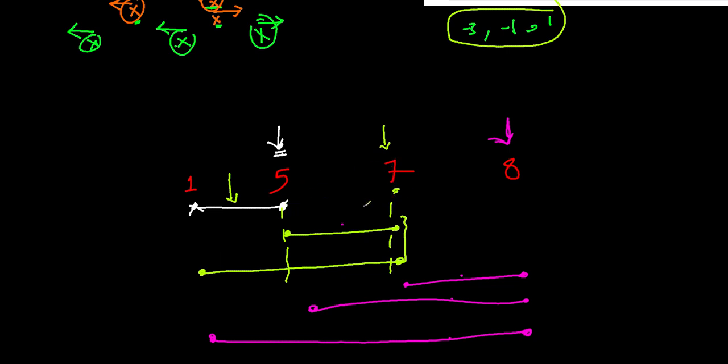So we have 2 multiplied by 7 minus 5, which is the distance, plus the previous one here, which is 5 minus 1. So this one in the white, 5 minus 1 equals 4. So here we have 4 plus 2 multiplied by 7 minus 5.